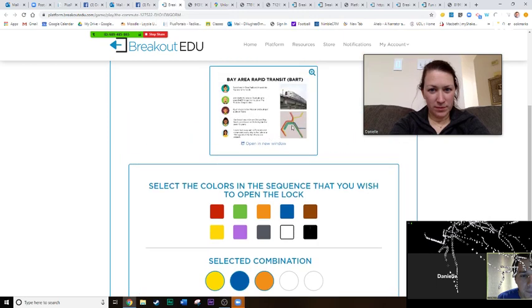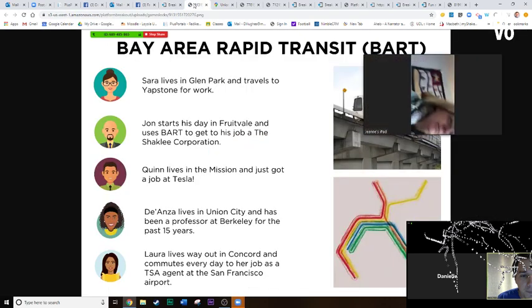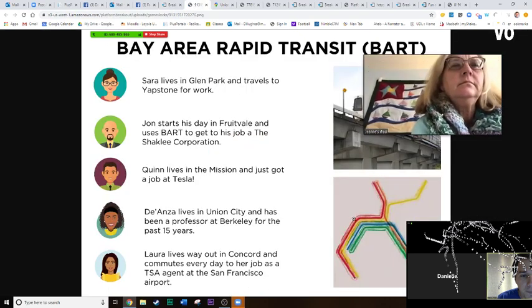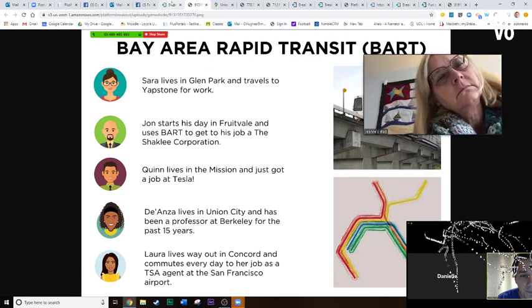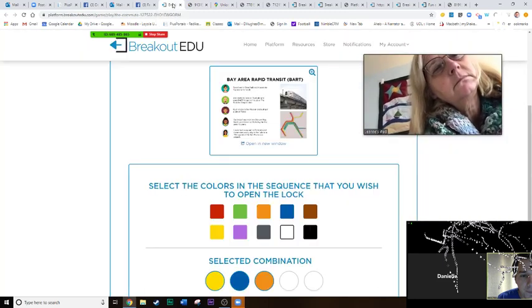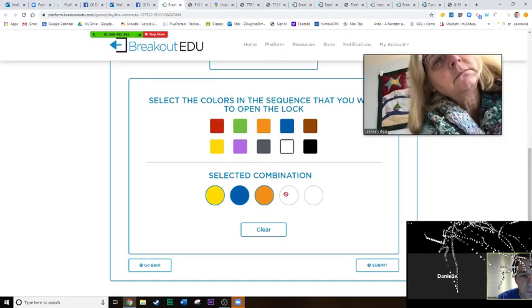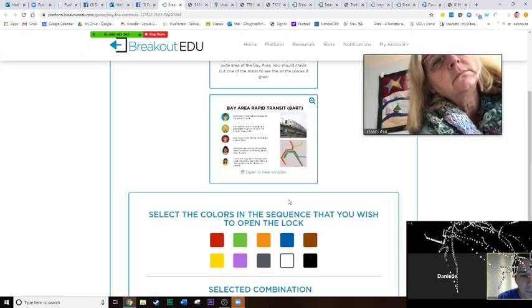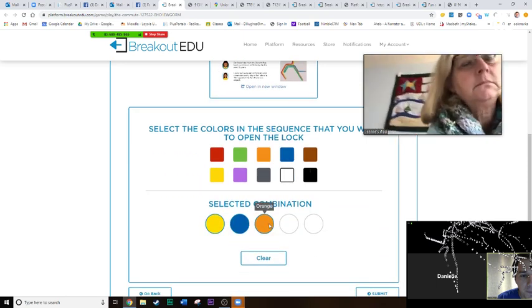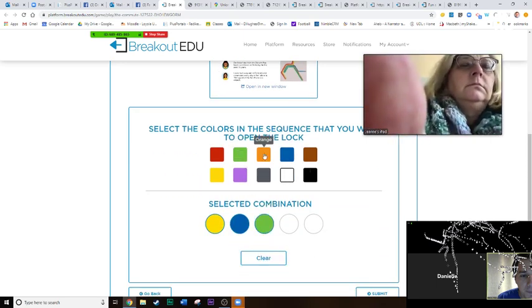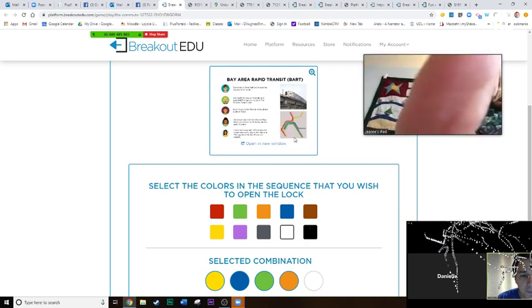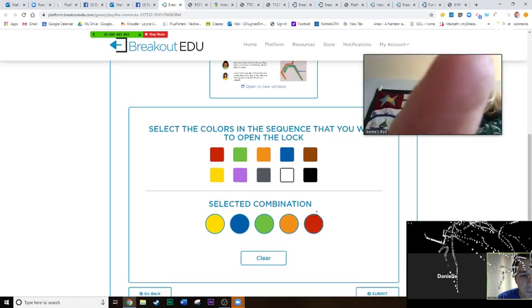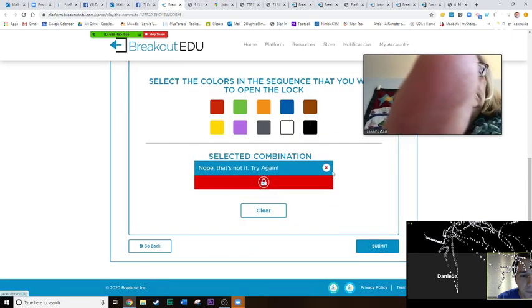Is she orange then? That looks more like orange to me. And then the one I said was orange should be green. That's probably right. Okay, so it should be green, orange, and then the last one that we haven't used is red.